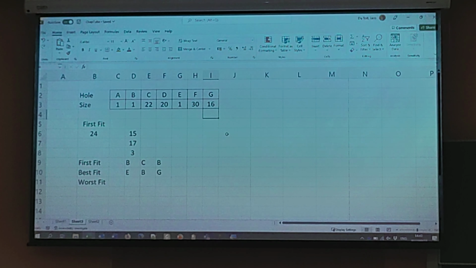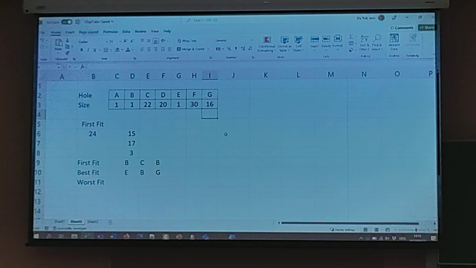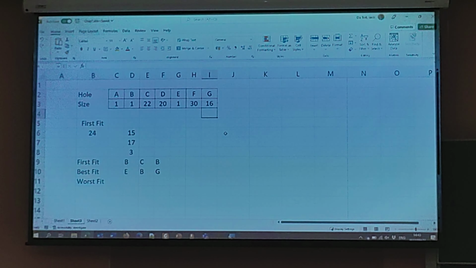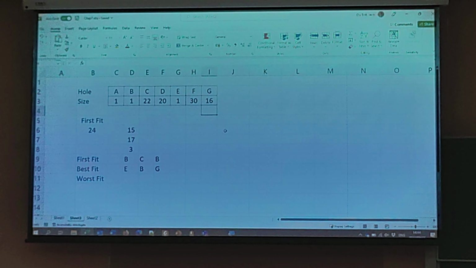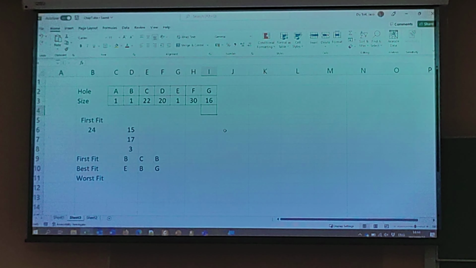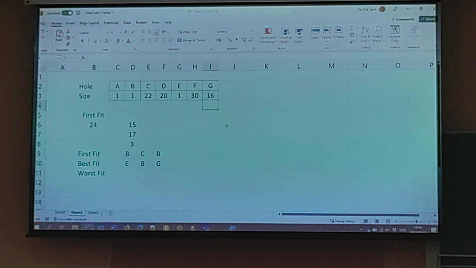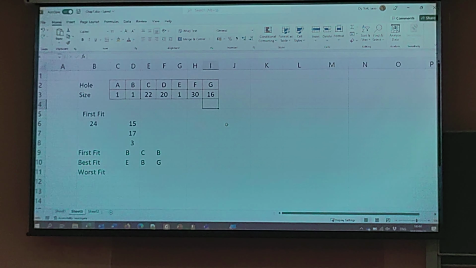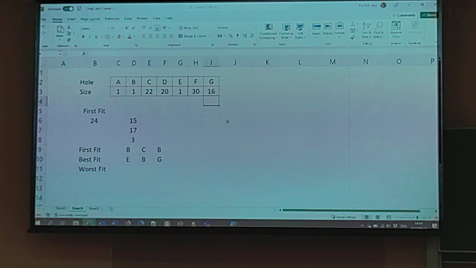Who's lost? Yes, there's his hand. Sorry, I can't hear. My hearing is horrible. I don't know. That's the honest truth. Oh, the 24. No, that number is just for me, a random number generator that I use when I construct this problem.